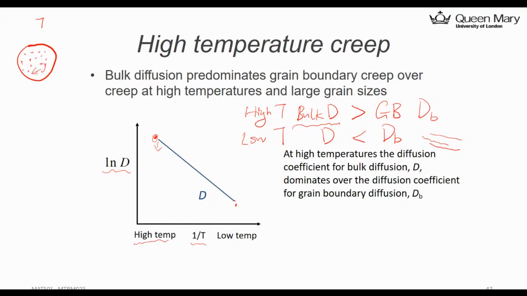So there's no need to travel through the gap between the grains. Even within the grain, the diffusion is very quick, okay? And that's why this curve tells us the bulk diffusion D is larger than the diffusion coefficient in the grain boundary. That's at high temperature.